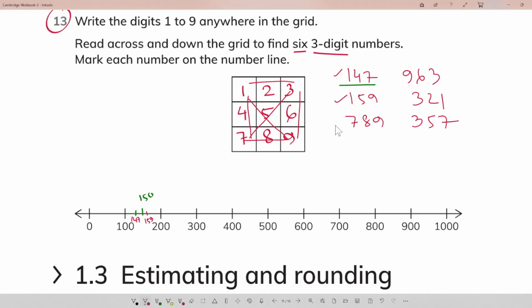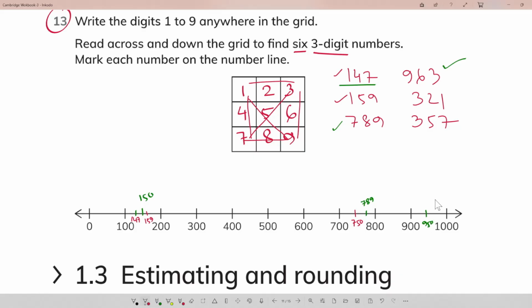789. Okay, 789, it means between 700 and 800. Let's say here is 750. Okay, so we can put 789, it means almost near 800, so let's say here is 789. Okay, so third one done. 963, between 900 and 1000, here is 950.